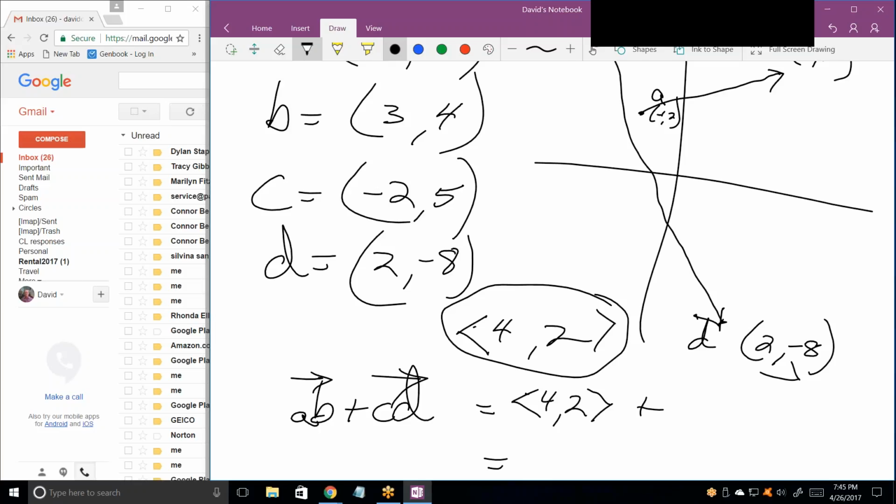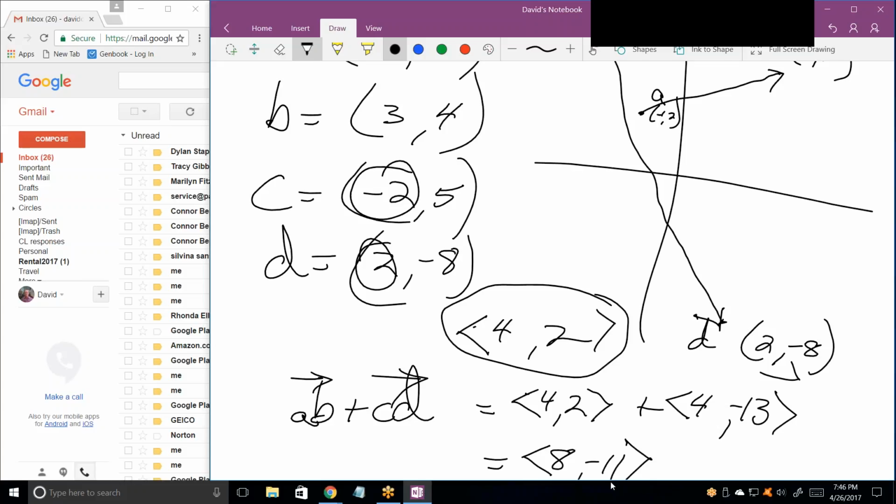I got to go 4 to the right to get from C to D. So that's got to be 4. And then I got to go 13 down. That's minus 13. Now if I add those two vectors, what do I get? 8 comma minus 11. Right. 2 minus 13, or 2 plus a minus 13.